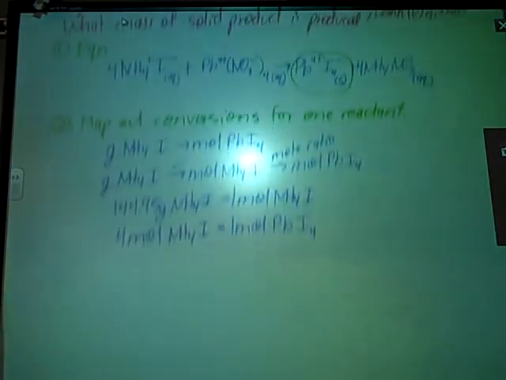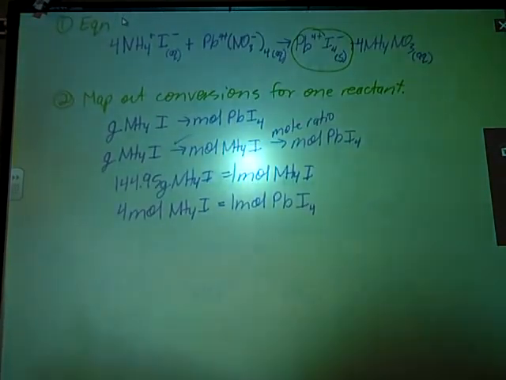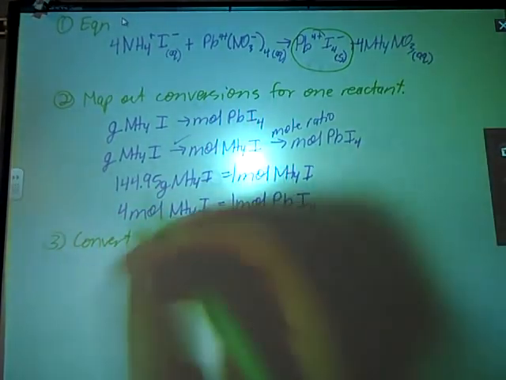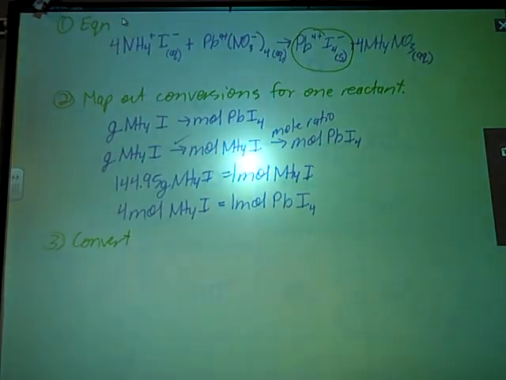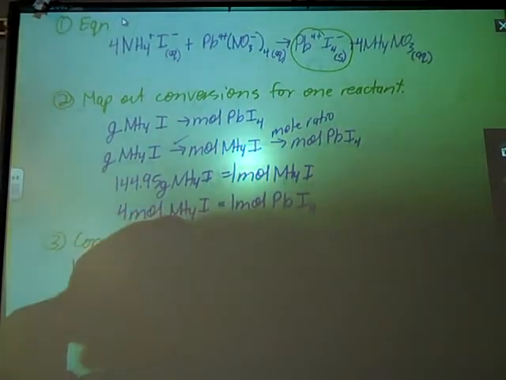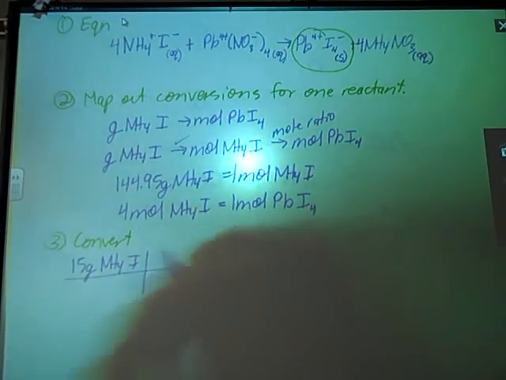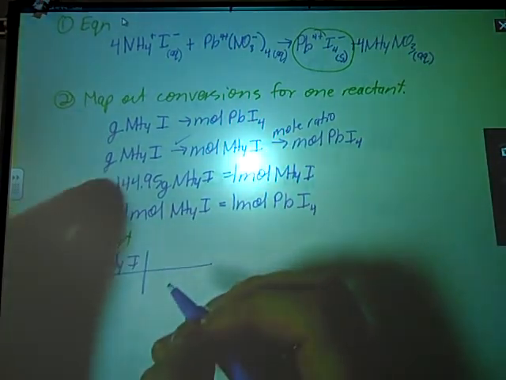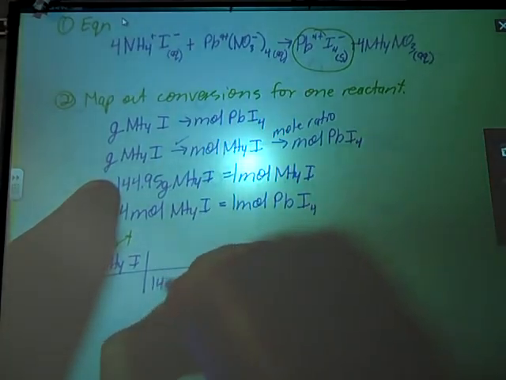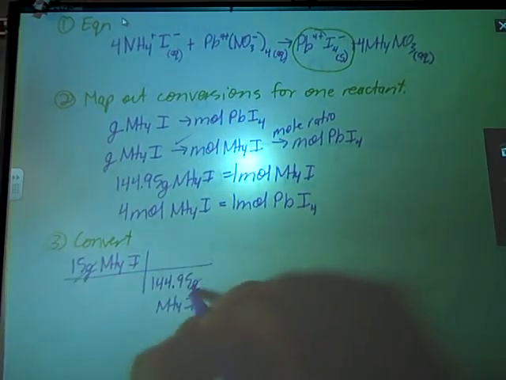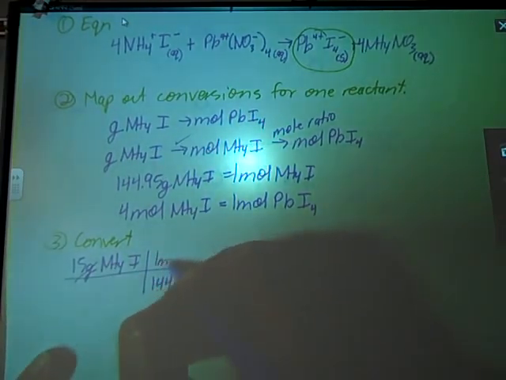So let's go ahead and set up our boxes, set up our conversions for this first reactant. Started off with 15 grams of ammonium iodide. Convert out of grams to moles, so 144.95 grams ammonium iodide. Don't forget that number, unit, and thing. 1 mole on top.